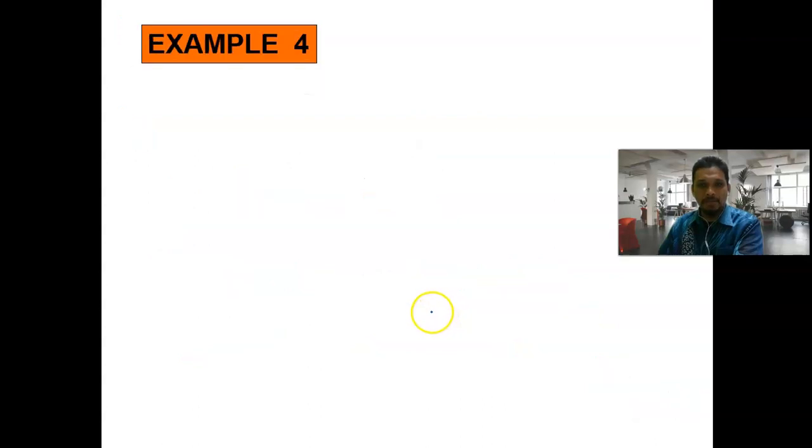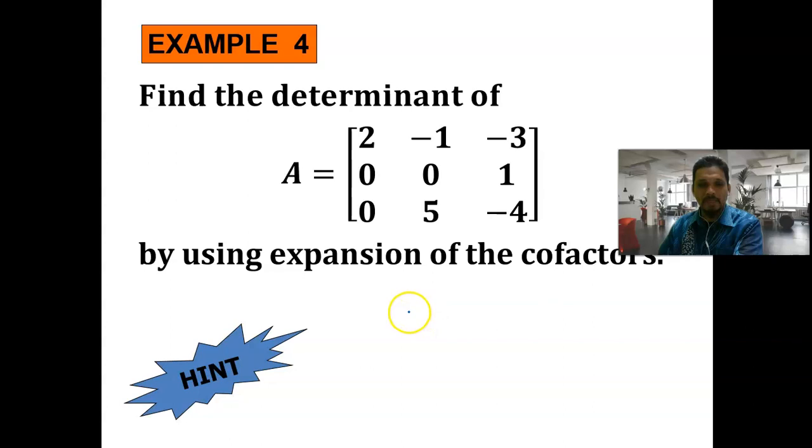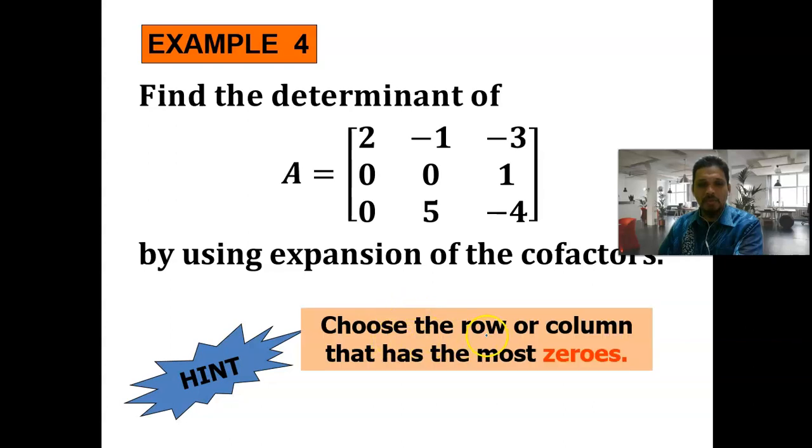Okay, so find the determinant of A by using the expansion of cofactors. Okay, the hints here: choose the row or column that has the most zero.